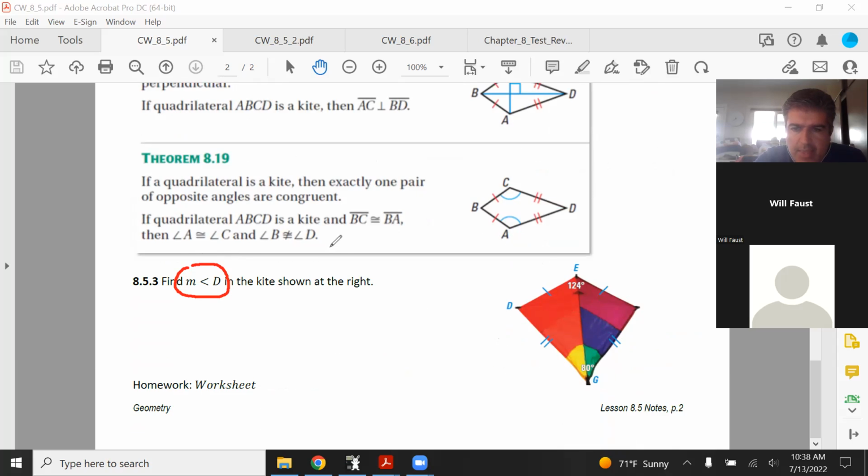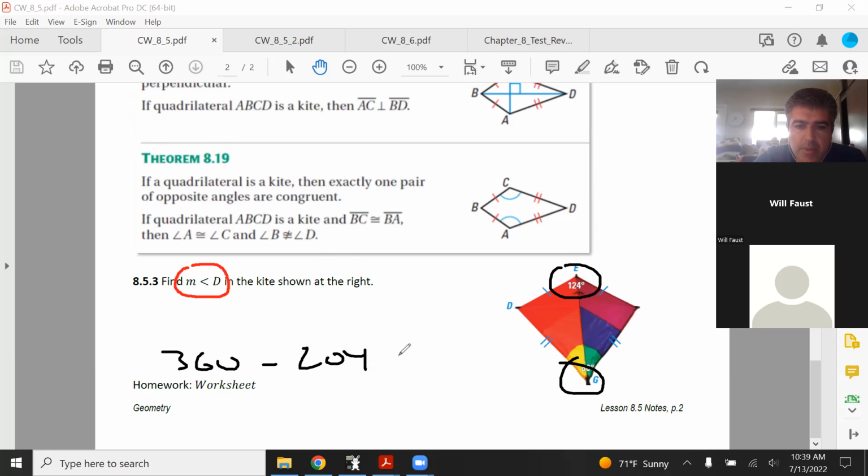We want to find and measure that angle. So let's change the colors. Let's go with black. What we do know is that 124 and 80 add up to 204.